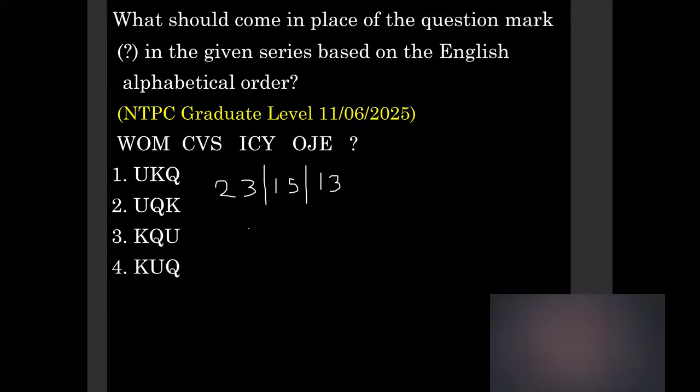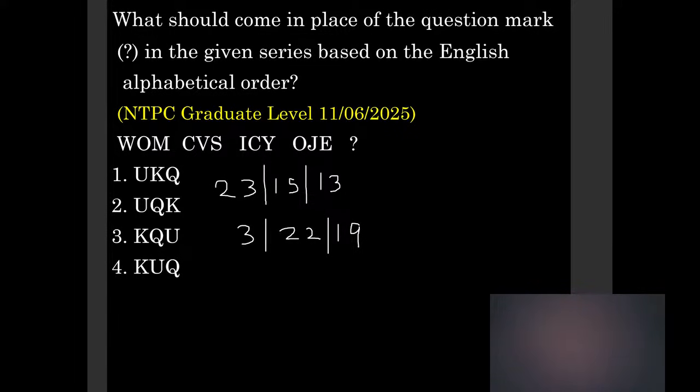Okay, next one. CVS. So C value is equal to 3, V value is 22, and S value is equal to 19. So CVS is equal to 3, 22 and 19.